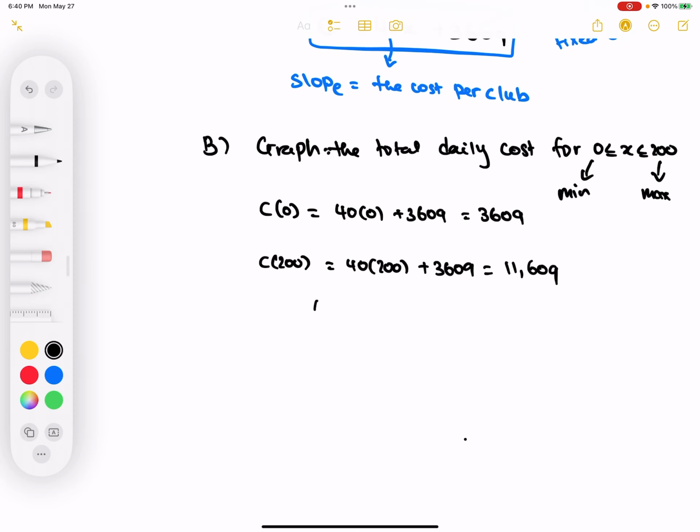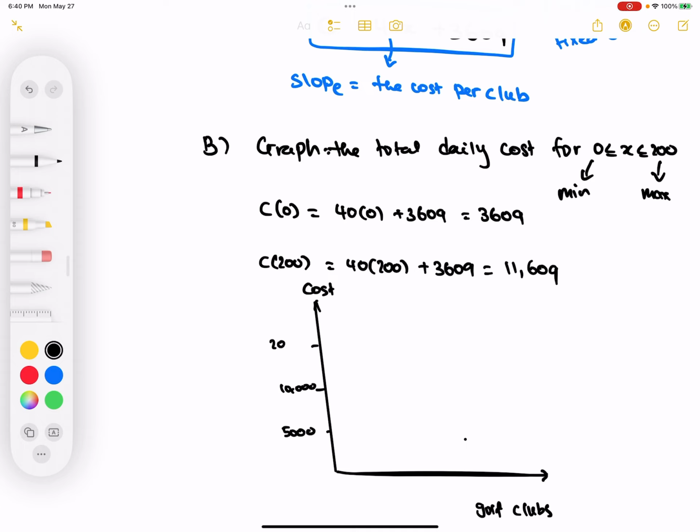Now draw the y-axis and the x-axis. The x-axis represents golf clubs. This one is cost. Now when x is 0, let's say this one is 5,000, 10,000, 20,000. This is the rough scale. So 0, with 3,609, is 1 point.